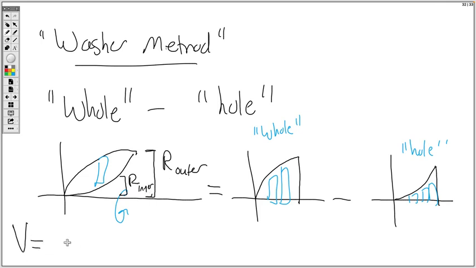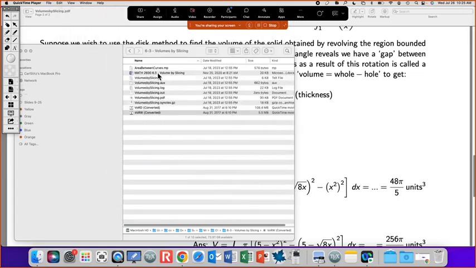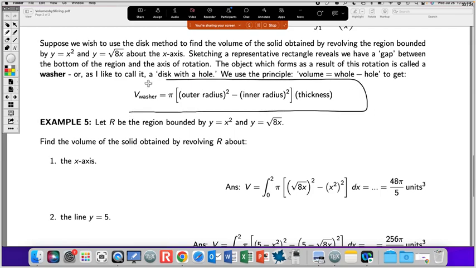So the washer method looks like volume is going to be pi times the outer radius squared times your thickness minus pi times the inner radius squared times your thickness. But do you see the subtraction of volumes there, right? So I take the whole volume minus the whole volume. So that's what's going on there.